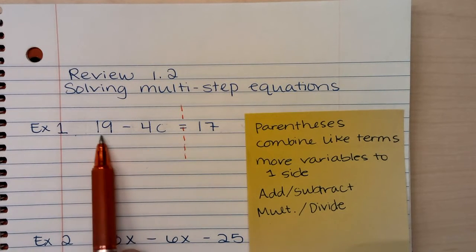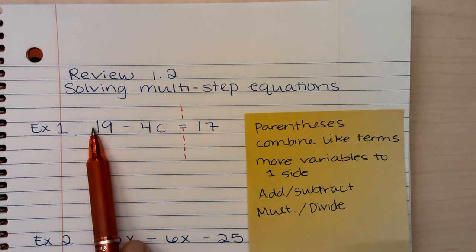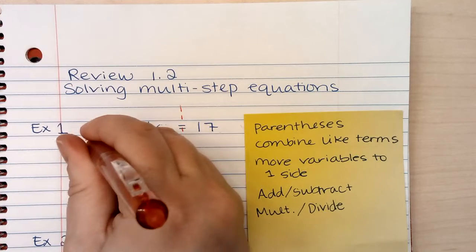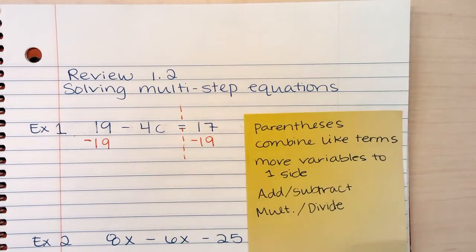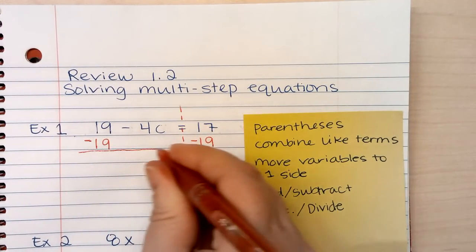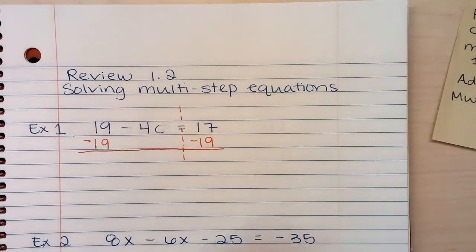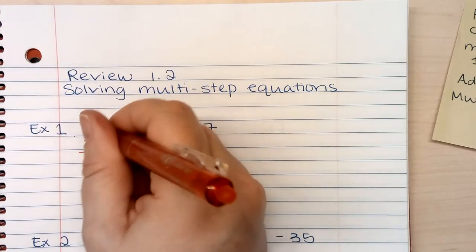So if we start with what's farthest away, we have this 19. It is a positive 19. So we know if it's a plus 19, we need to use the inverse. We need to subtract 19 from each side. Now, when we do that, 19 minus 19 cancels out.